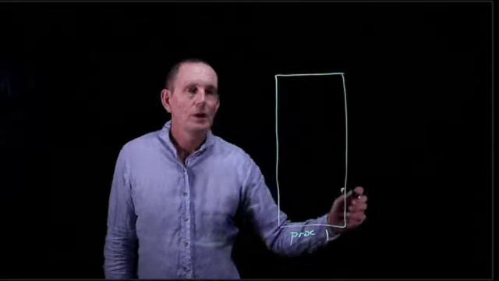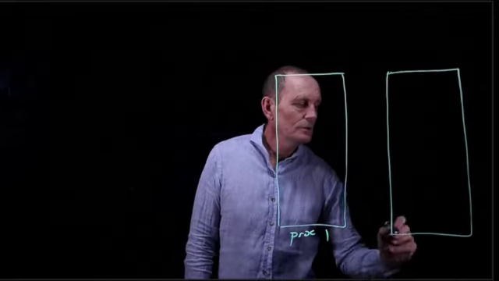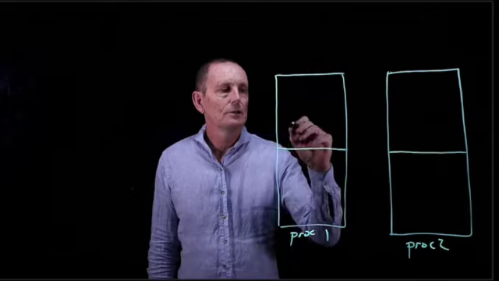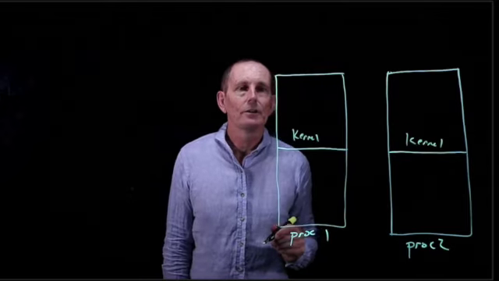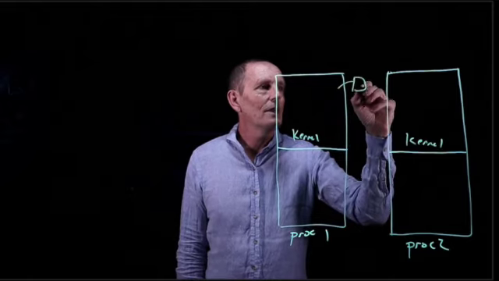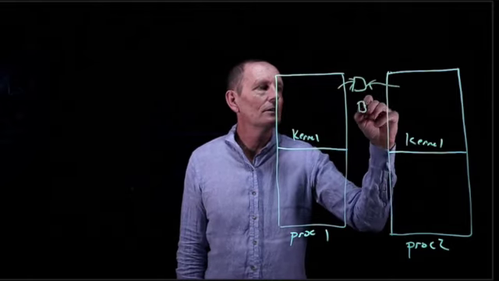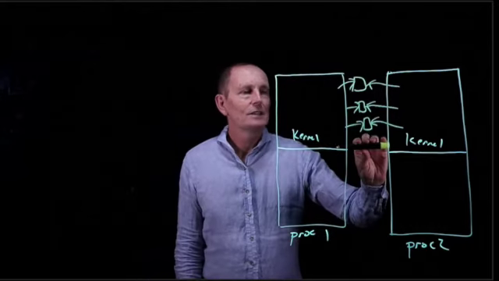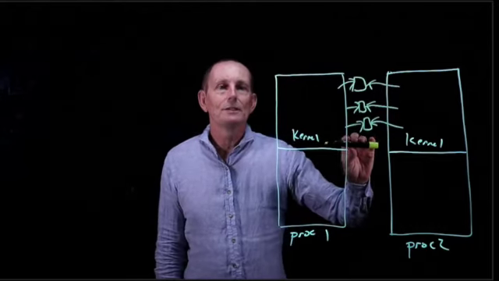Again, let's look at the address space pictorially. So if we have process 1 and process 2, and here we have the kernel, these pages would all be the same pages. And these pages are also set up in the page table such that they do not have the user bit set.